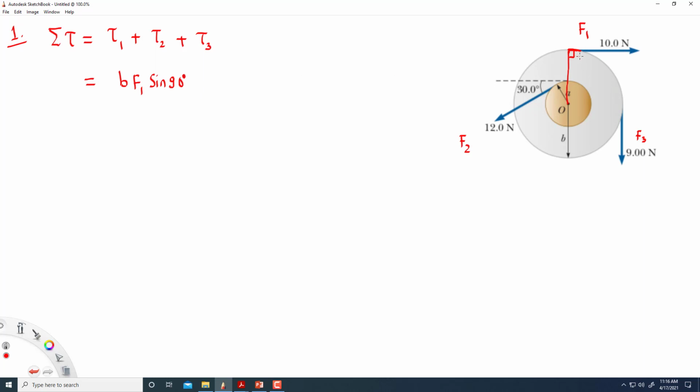And when you pull this wheel in this direction, it tends to produce clockwise rotation, so its torque is negative.